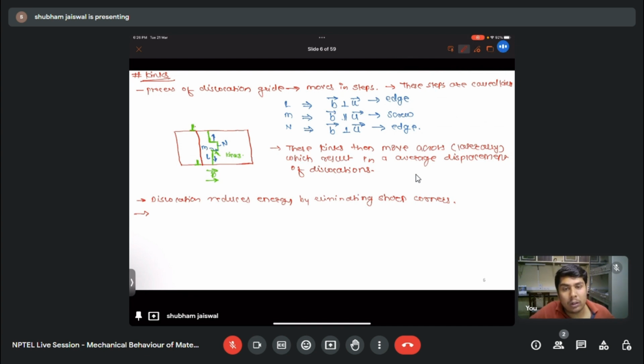And the roundness of this dislocation will depend on the Peierls-Nabarro energy value.